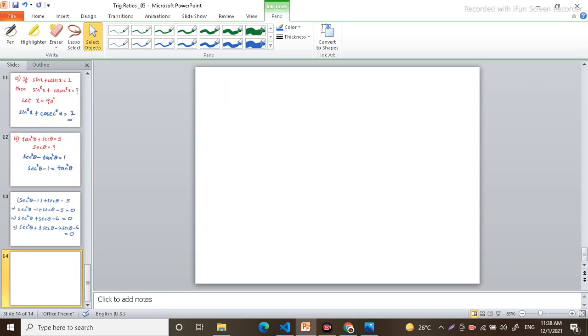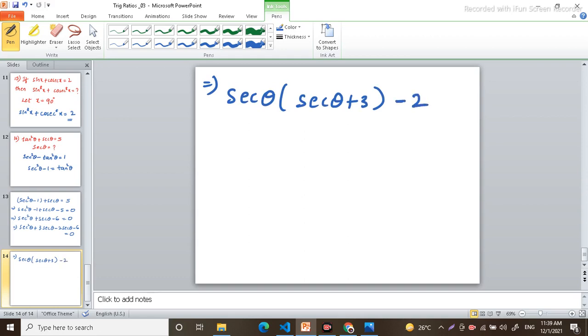In the first part I'll take secant theta as common, so it will be secant theta plus 3. In the next part I'll take minus 2 as common, so secant theta plus 3, minus into plus is minus.